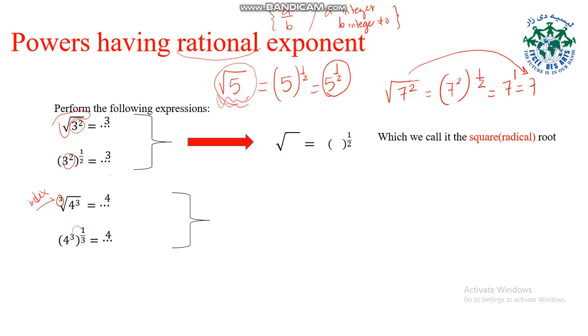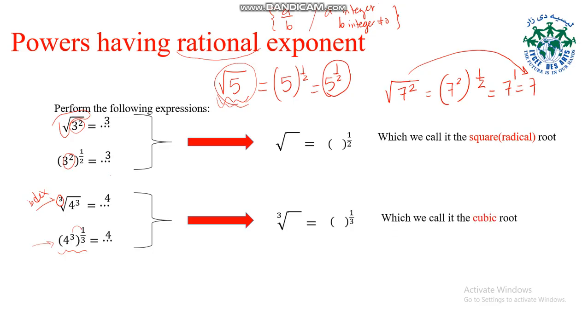So when we put this kind of radical on a number, what are we doing? You can understand from the second equation that this kind of radical is nothing but raising the number to the exponent 1 over 3. And this kind of radical is called the cubic root, since it has order 3.